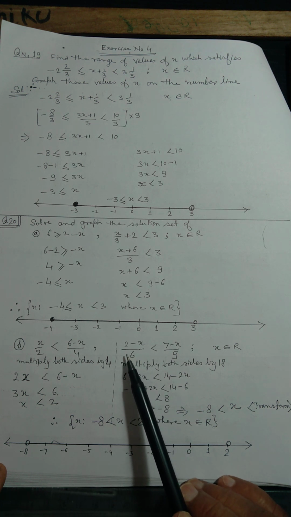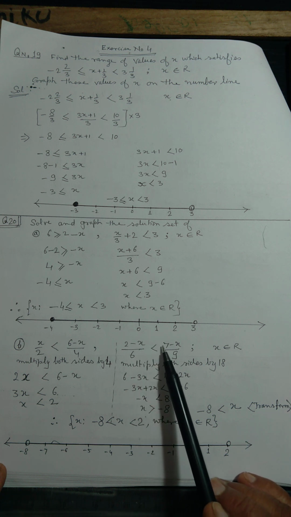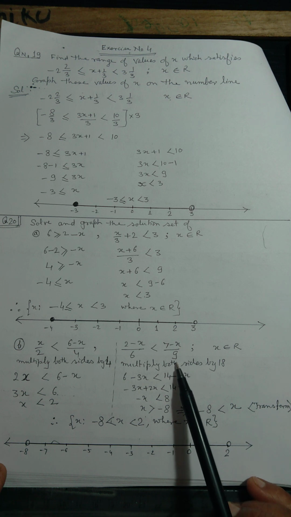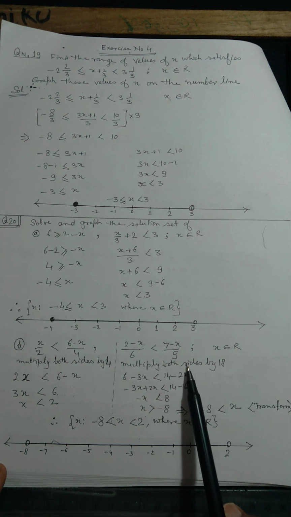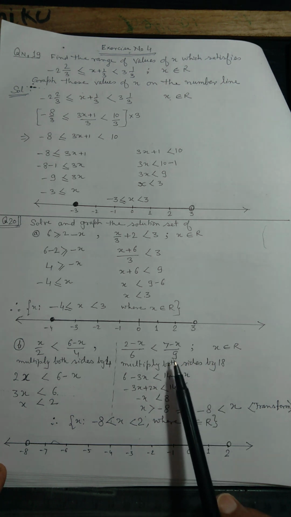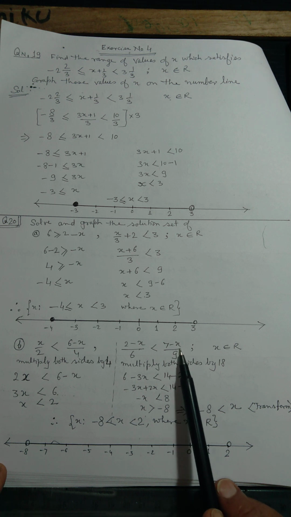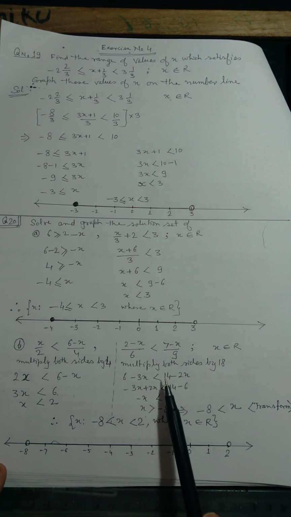Second part: 2 minus x by 6 less than 7 minus x by 9, where x belongs to real numbers, multiplying both sides by 18. The LCM of 6 and 9 is 18. That is why I have multiplied the complete left hand side and right hand side by 18.